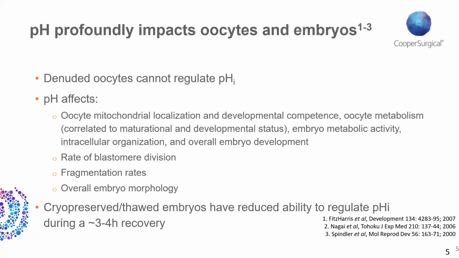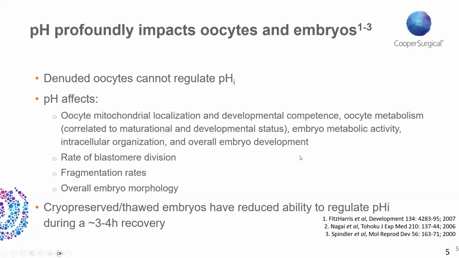So as you can see here, denuded eggs. So when we've done the stripping of the eggs for ICSI, they become unable to modulate their internal pH. So they rely absolutely on the external environment. And that has a role in how we do the denudation process itself.